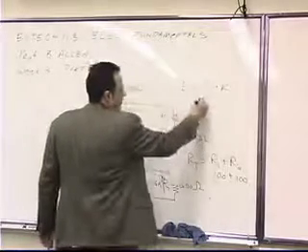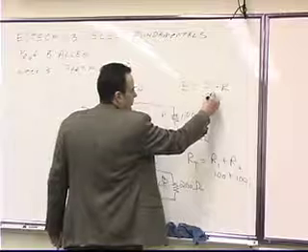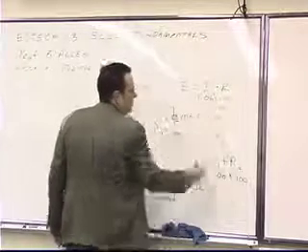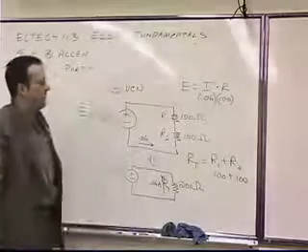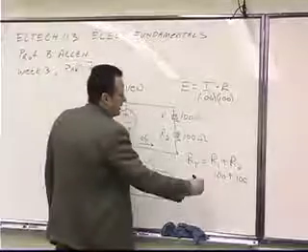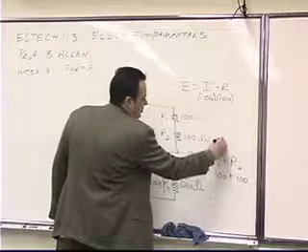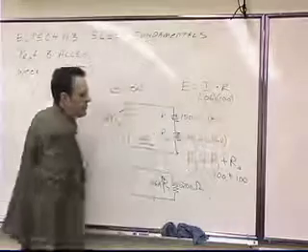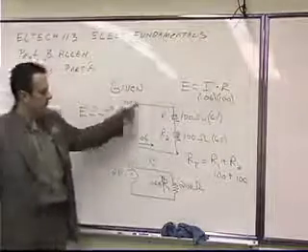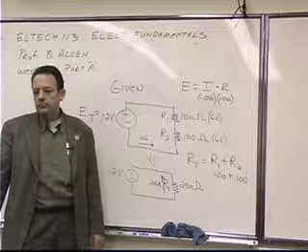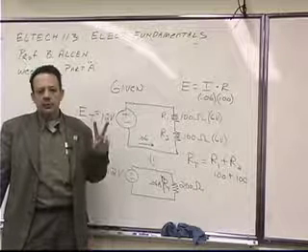So the current is 0.06 and the resistance is 100. What's 0.06 times 100? 6. So that means there's 6 volts dropped here and 6 volts dropped here. Well, didn't we just figure that out with Kirchhoff's voltage law? Two ways to do the same thing.